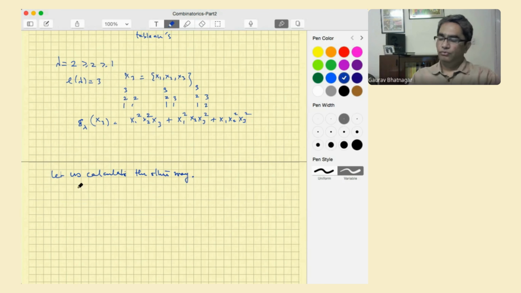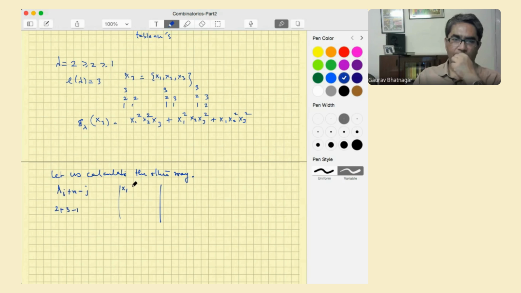So we have this 2 to 1. So what do we have? We have lambda_i plus n minus j. Basically, we have to make a thing. So it's x1, so lambda 1 is 2. So 2 plus n, which is 3, minus 1, so you get 4.